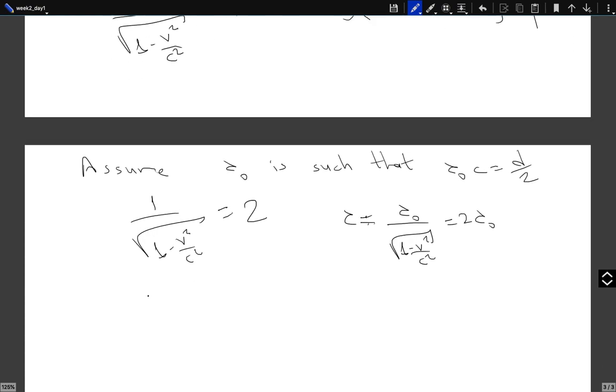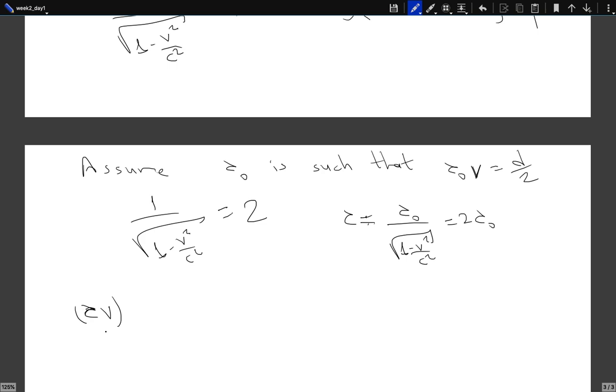And the distance it covers: it will live a lifetime tau 0 with a speed v, and tau 0 and v are such that let's just assume it's d over 2. Now it will cover the distance tau times v before it decays. Once it's created, it will live this long.